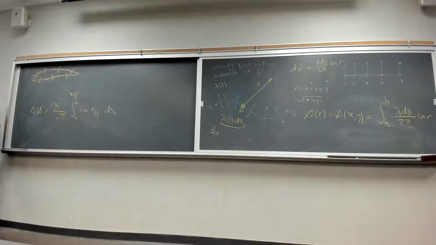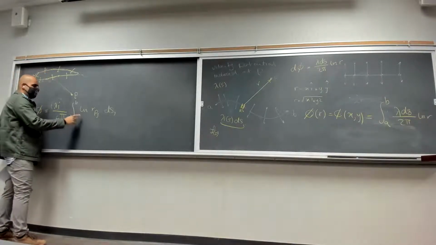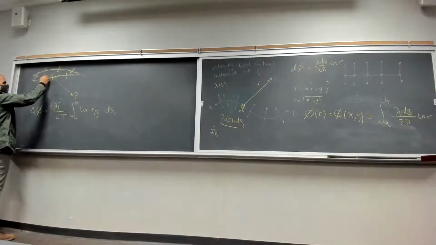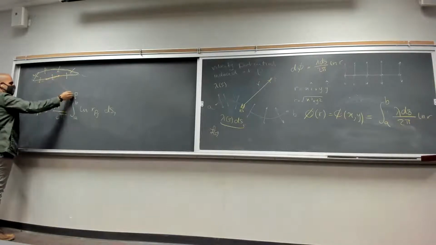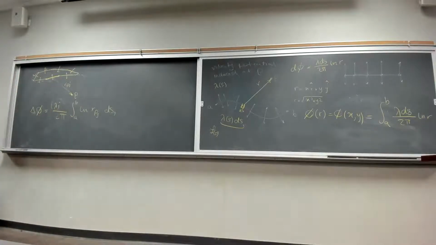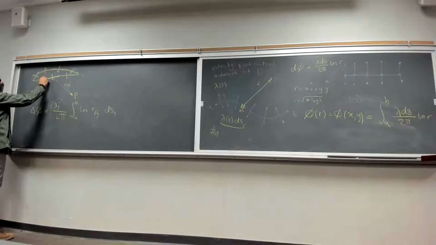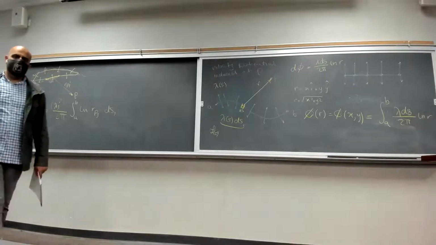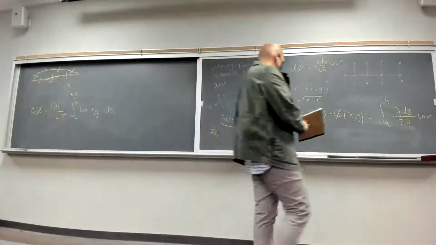So we can take it out. And it's going to be lambda of j, which tells us that this is lambda of that specific panel, okay? And 2 pi is also constant. And then for the rest of it, we are taking the integral of natural log of r pj, which is the distance between this panel and this point, multiplied by ds of this panel, which is a function of x and y in Cartesian coordinate systems, of course.